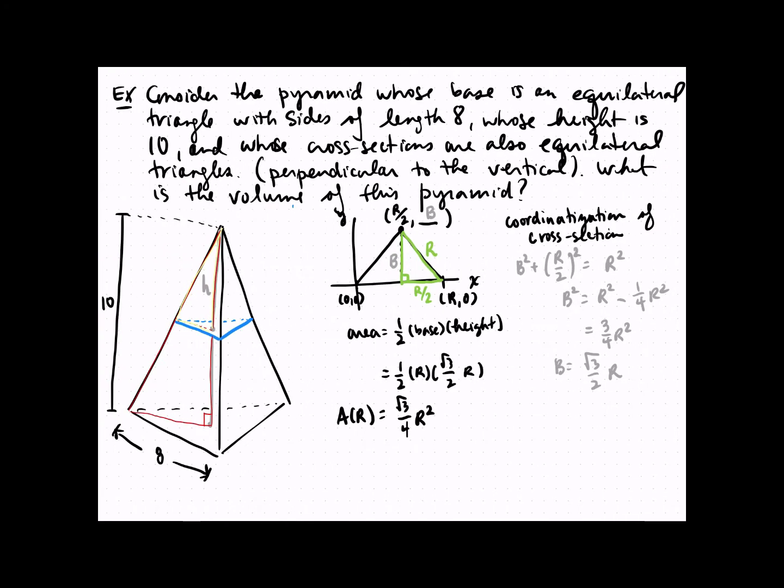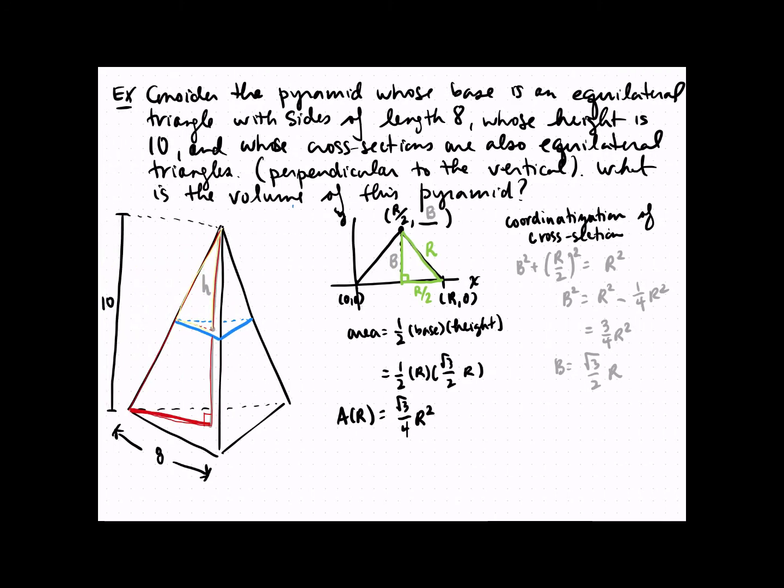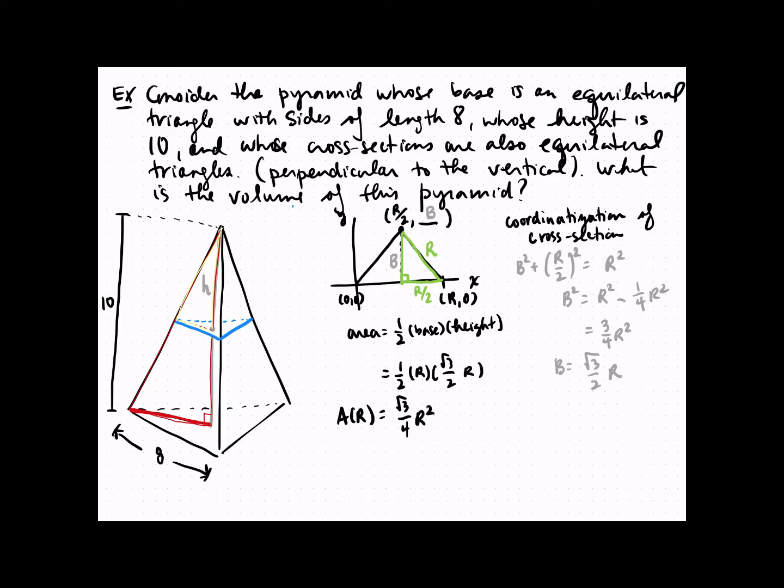Let's go back to our original diagram. That tells me what this length is right here. This is, what did I say? 1 over 2 root 3 r? No, 1 over root 3 r. So this is 1 over root 3 times 8, or 8 over root 3.